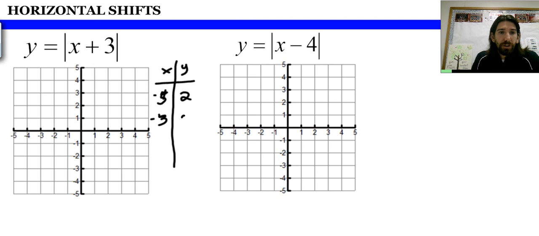Absolute value of 0 is 0. Let's go to -1. -1 plus 3 is 2. Absolute value is 2. We'll go 1. 1 plus 3 is 4. Absolute value of 4 is 4. Let's see if we can graph that. -5, 2. 0, -3. Or sorry, -3, 0. -1, 2. 1, 4. You can actually see the V shape.